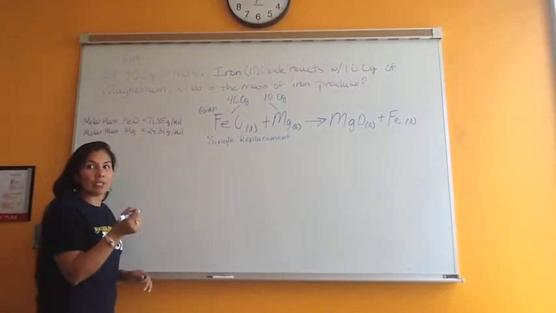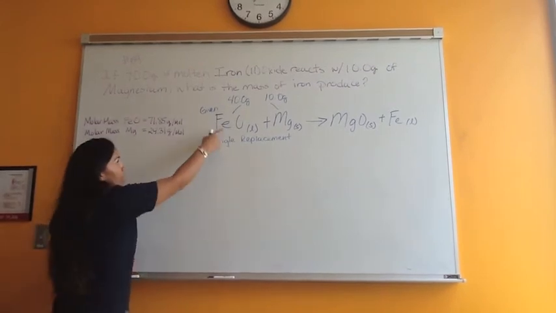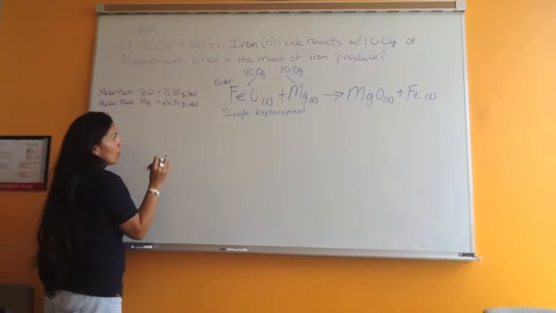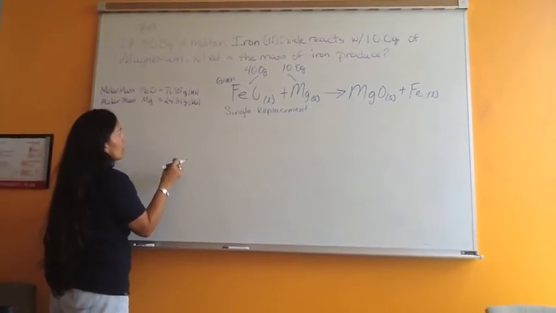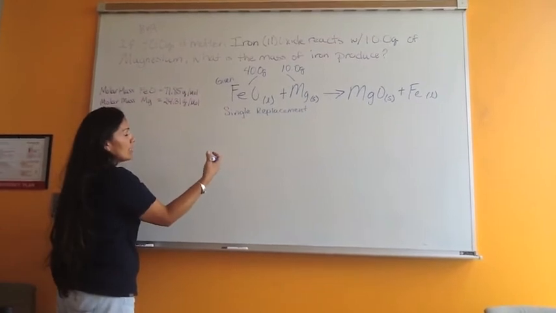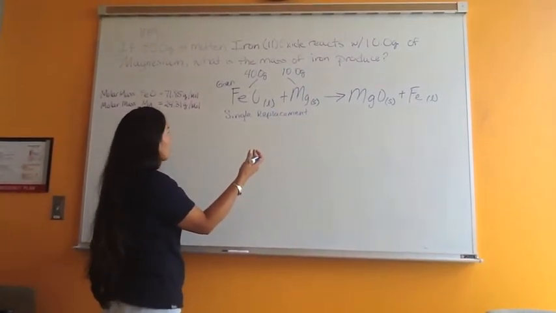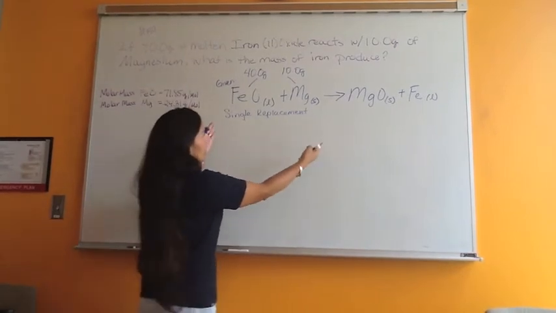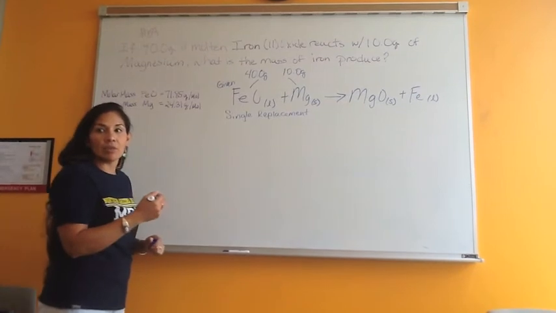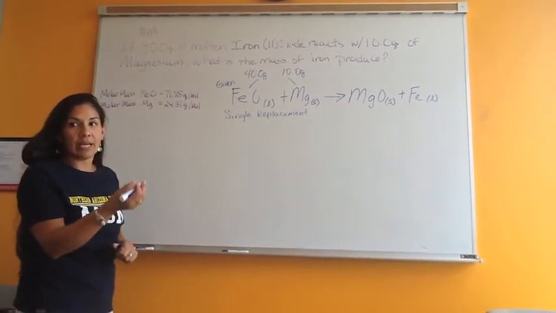Okay, so where we're going to start right now is with the iron oxide, because that's what we're going to use as our given. We're going to start with our mass to mole conversion, going from grams to moles, and then we're going to calculate the mole ratio. Considering this is a single replacement, it's a 1-to-1 ratio. Then we go back from that to a mole to mass conversion, getting our grams back.